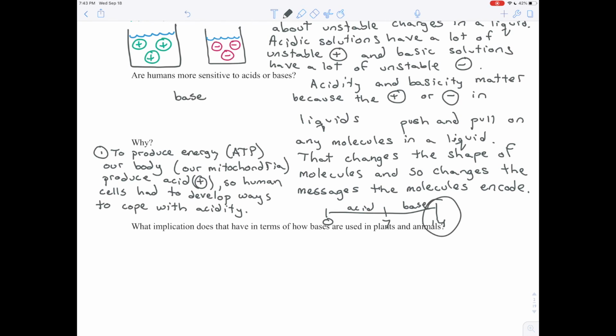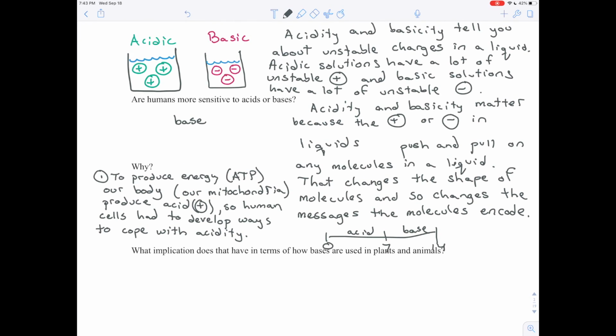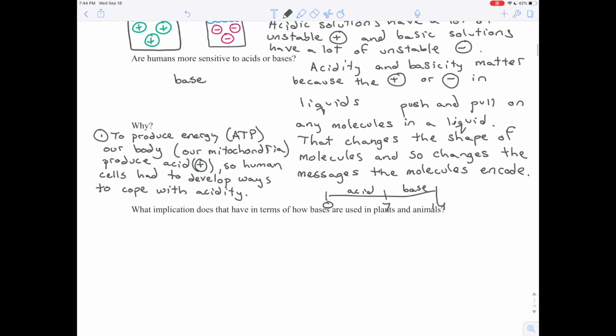There are lakes whose pH is close to 14, and there are microbes that live in those lakes. So it's not that bases are inherently more potent. It's just that our human biology has developed in a way that has accommodated acids. So humans are more sensitive to bases in general.